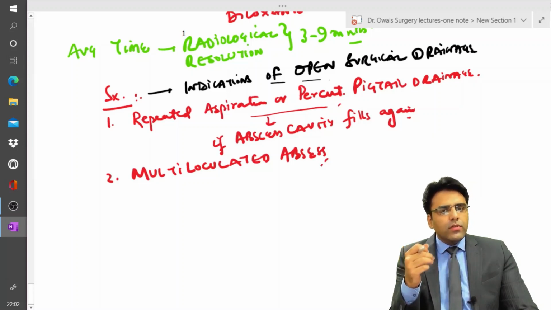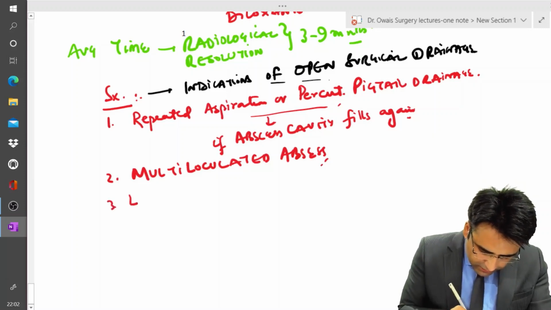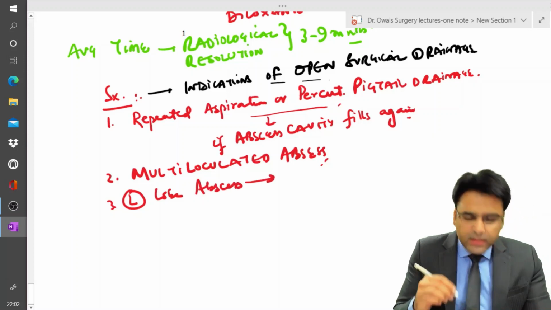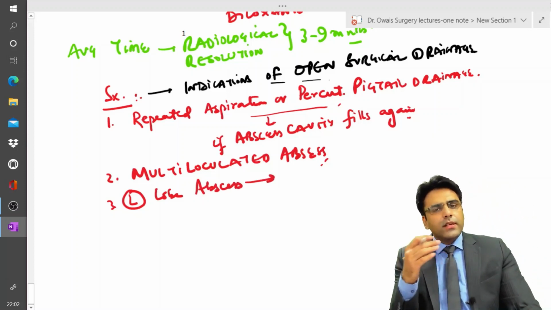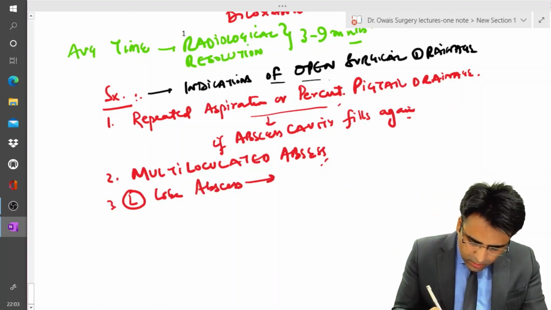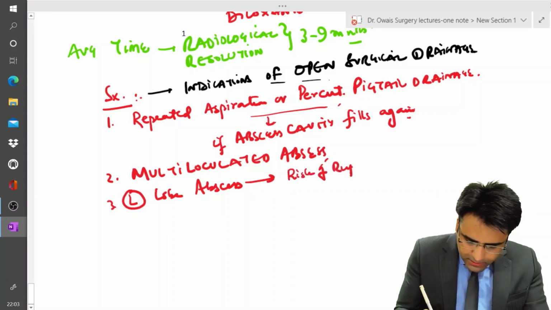So we will go for an open surgical drainage. After this, if there is a left lobe abscess, because there is risk of rupture into the pericardial cavity.